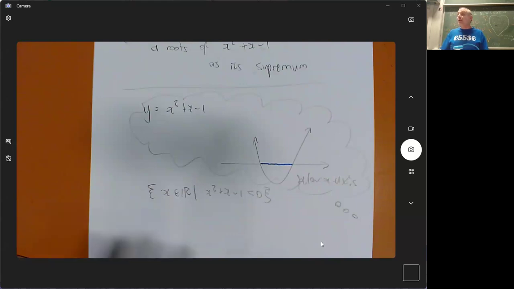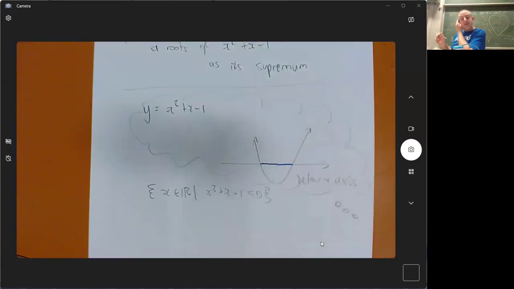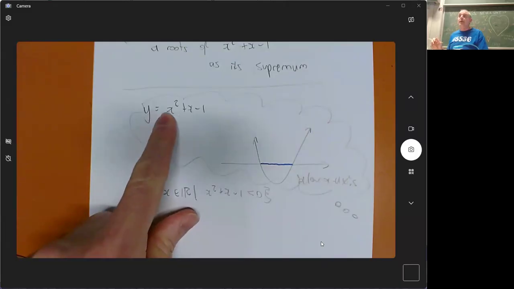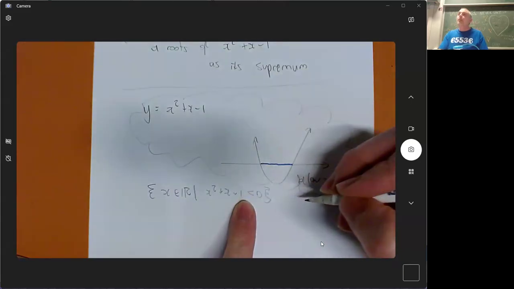You don't have to do it in the proof; you can just do it on the side. But the picture will usually help somewhat. If this had been a minus, then I would have gone greater than, because it would have gone this way.